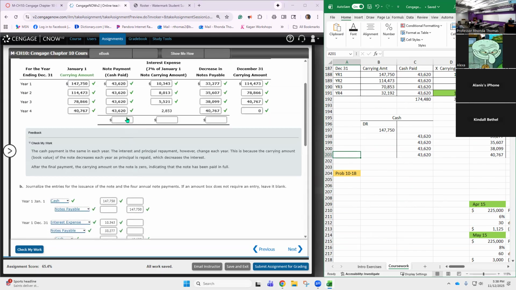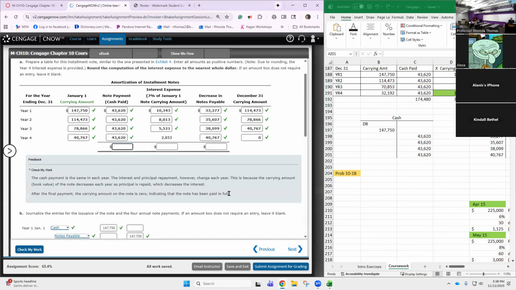So let's go ahead and calculate. If you take the payment that we made of 43,620 times 4, we paid in total for that note 174,480. If you add up all the interest together, I'm just using the old calculator, because Excel hacked me off.